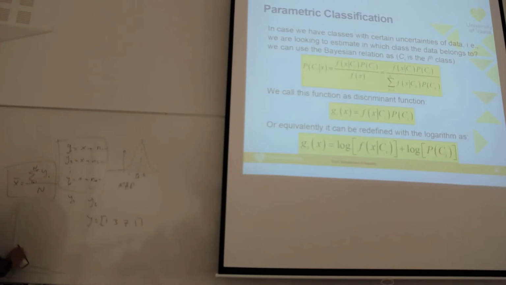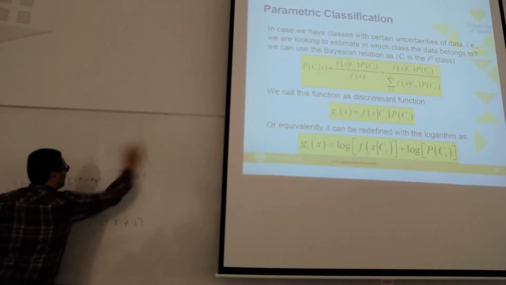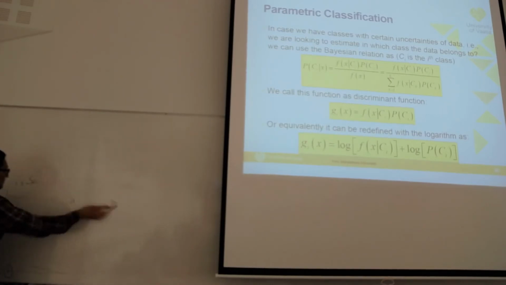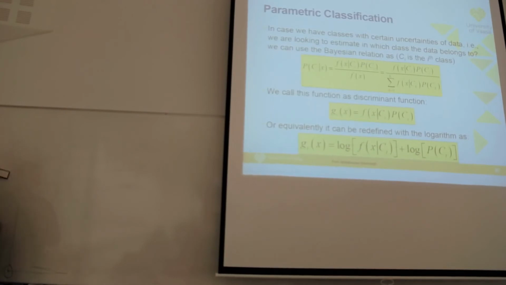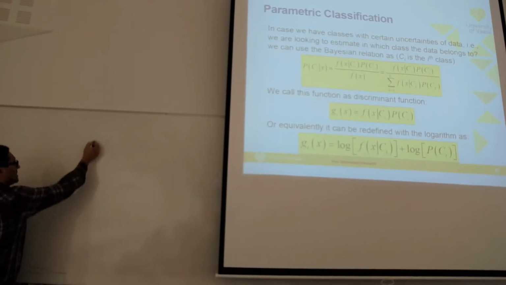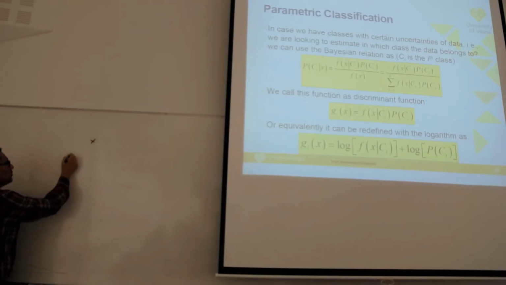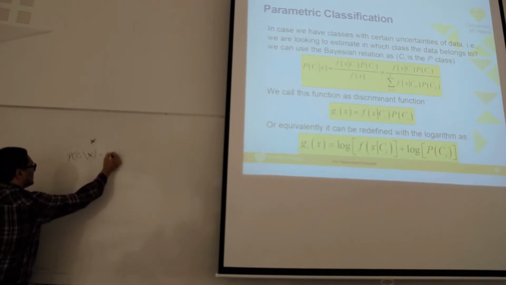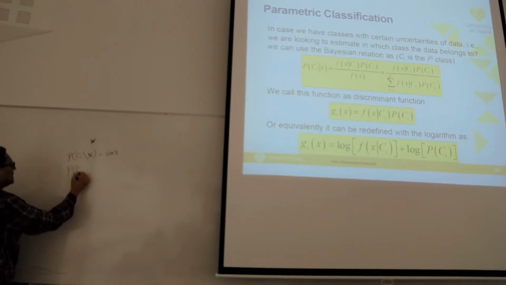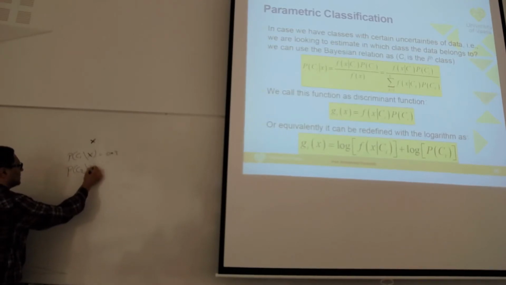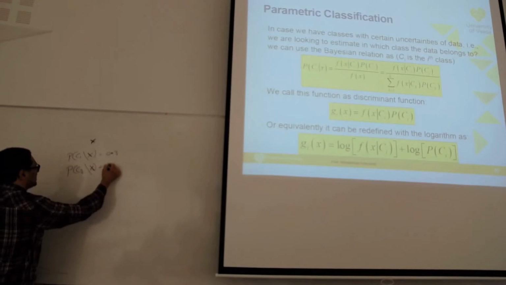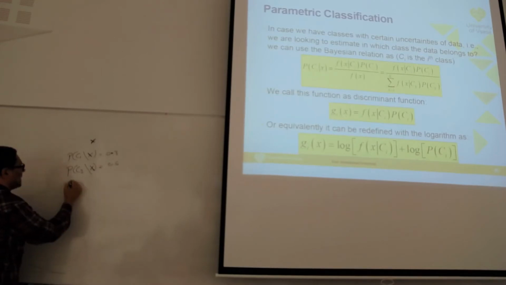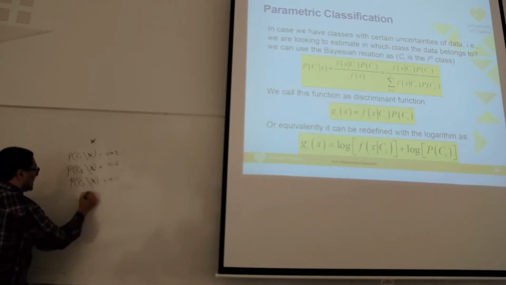So for example, if we have 3 classes and we have certain attributes x, and when we compute P of C1 given x, it gives, let's say, 0.3, and P of C2 given x gives, for example, 0.6, and P of C3 given x gives 0.1 and so on.